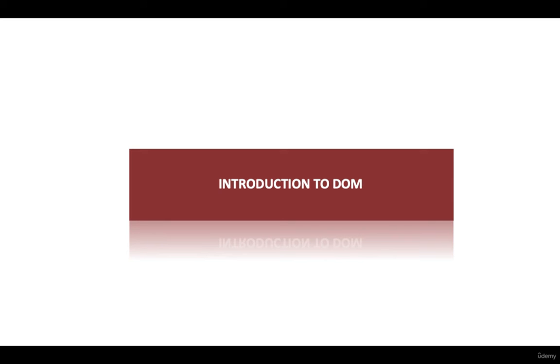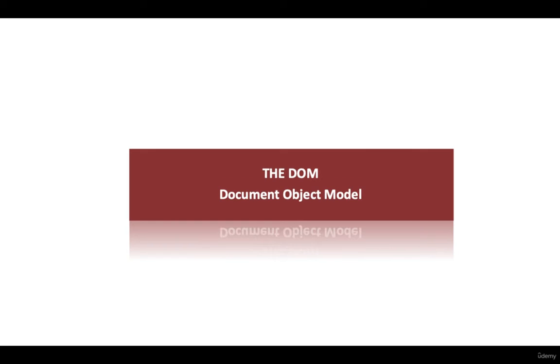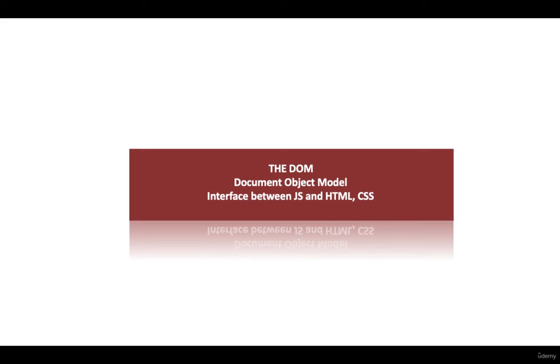We're going to learn what the DOM is, so we'll define it. DOM stands for Document Object Model. All right, Document Object Model. The meaning of these three words is going to make a little more sense in this lesson, but let's start by defining it at a higher level. The DOM is the interface between your JavaScript and your HTML and CSS.